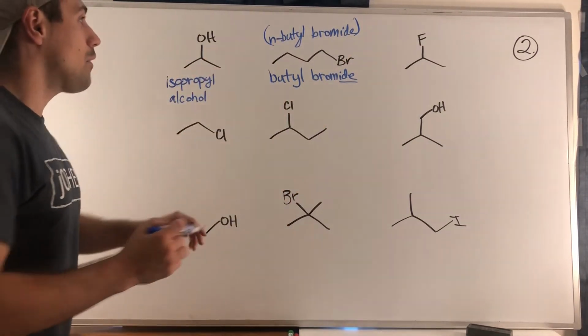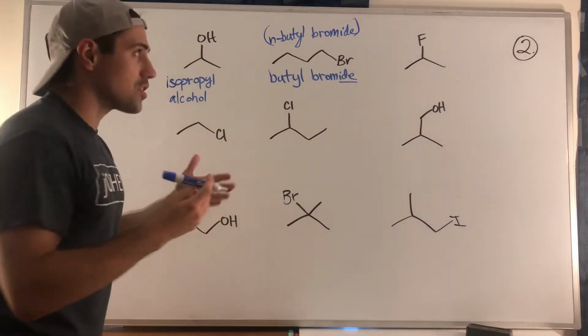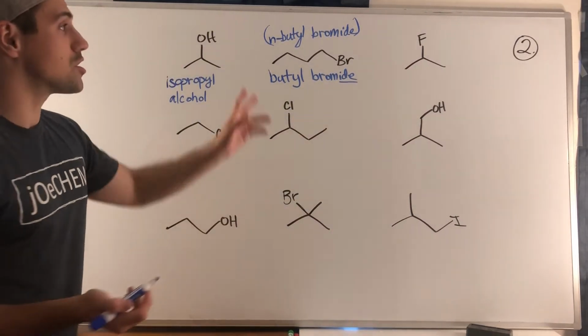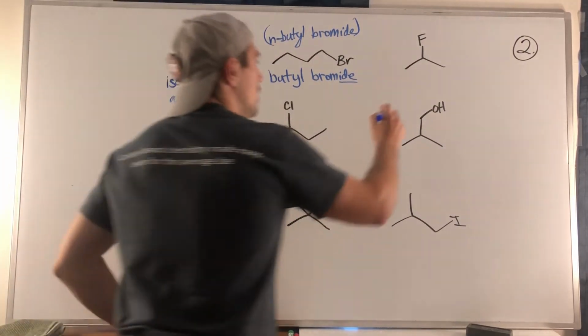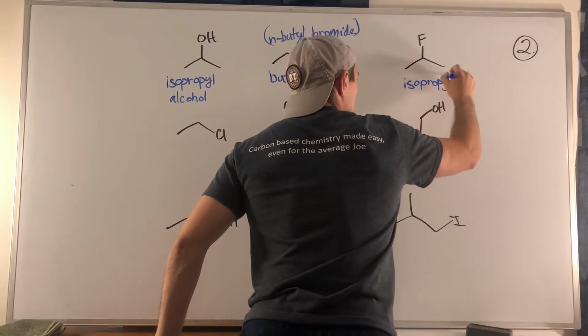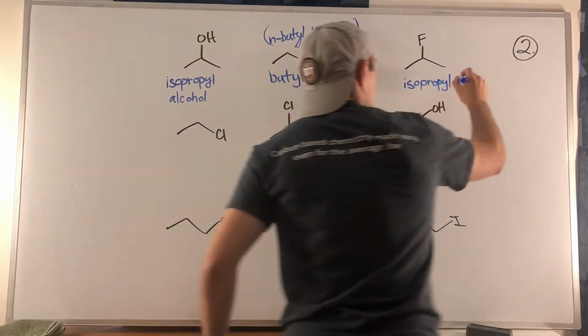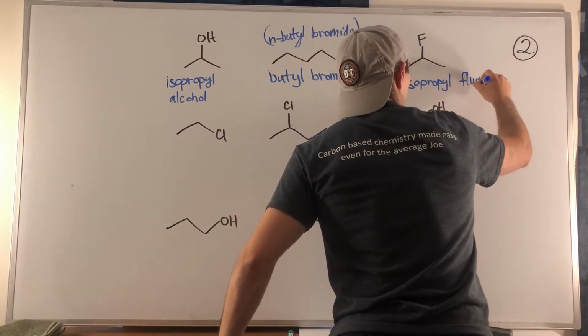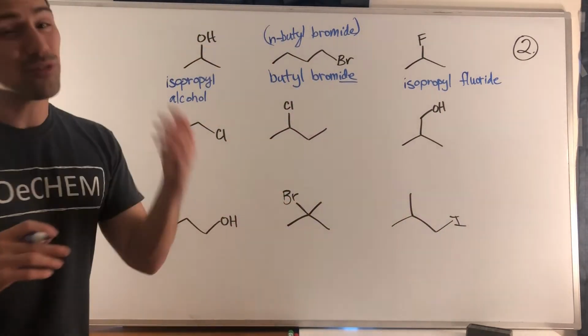Moving right along. Okay, so luckily we kind of see the same thing going on here. So we know this is also going to be isopropyl because it's 3 carbons, and we have a substituent attached to that iso position. This is going to be isopropyl. And maybe the hardest part about this is spelling fluoride correctly, but it's fluoride. I actually remember getting this wrong in the test because I spelled fluoride wrong.